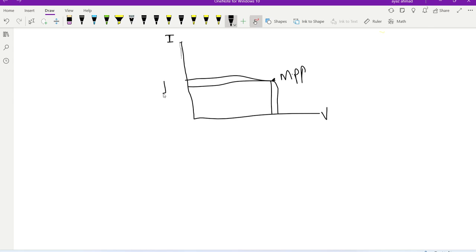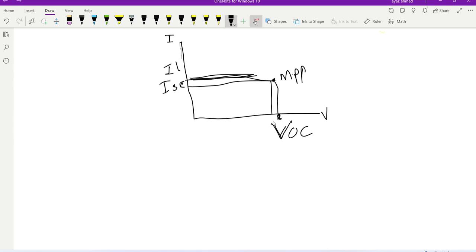This is our short circuit current. This is load current, and this point is open circuit voltage. So this is open circuit voltage.